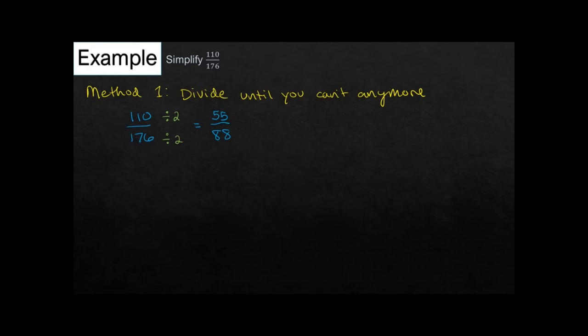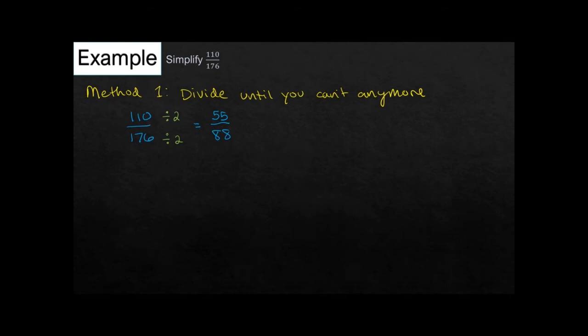Now I have to look and say, can this go further? This one's a little harder, because I have 5 and 8 as my last digits, so I can't divide by 2, because 2 doesn't go into 5. Dividing the 55, I know 5 goes into it, but 5 does not go into 88.